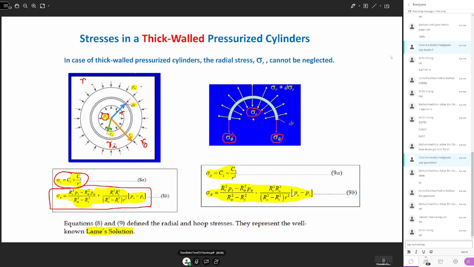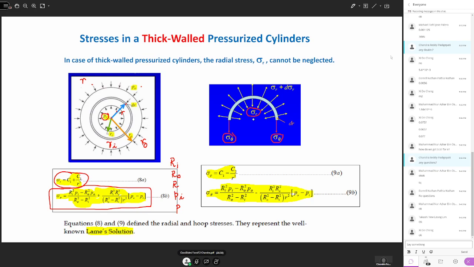Capital Ri refers to inner radius, capital Ro refers to outer radius, and just r refers to the point within the thick wall cylinder where you are calculating the radial stress. Pi is the inner pressure, and Po is the outer pressure.